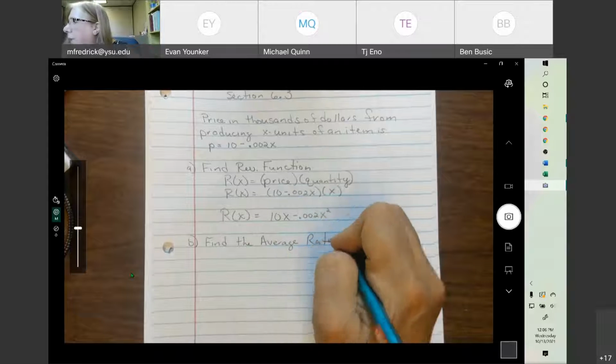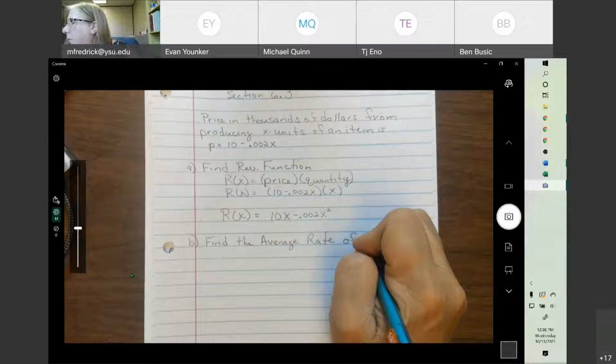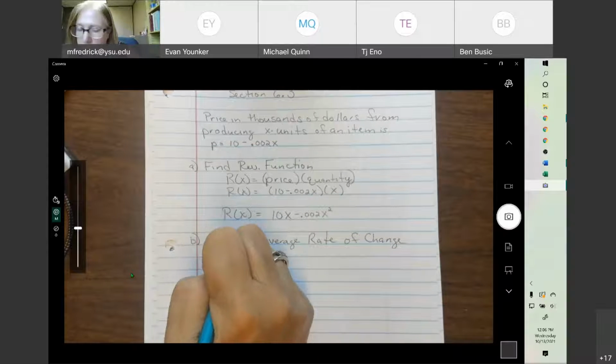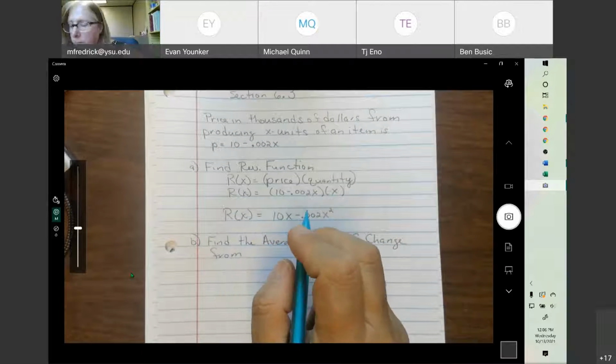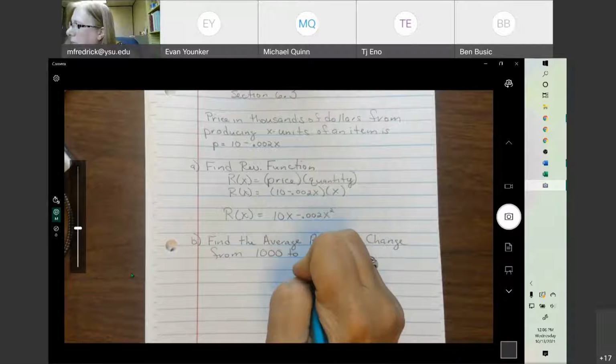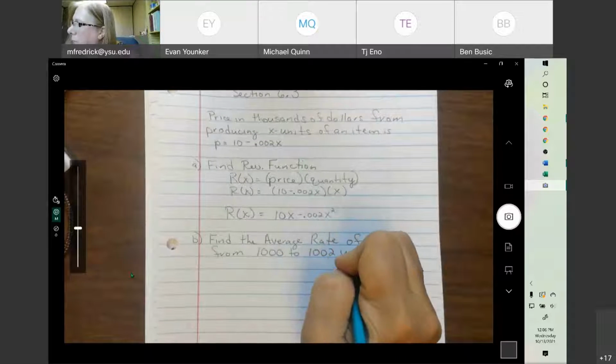Find the average rate of change from 1,000 to 1,002 units.